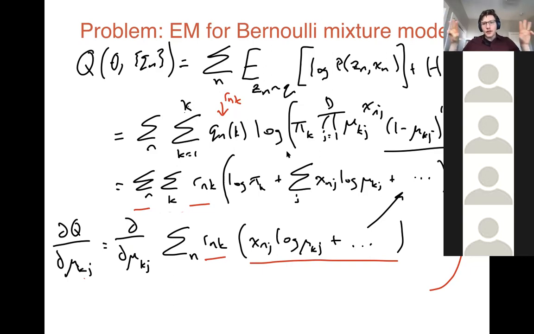Each one has 3 coins in them: a red coin, a blue coin, and a green coin. And the way we generate this data is we randomly pick a bag with some probability. We flip the coins, and then we get red coin either heads or tails, blue coin heads or tails, green coin heads or tails. And the probability of heads and tails of the red, green, and blue coin might change from bag to bag.